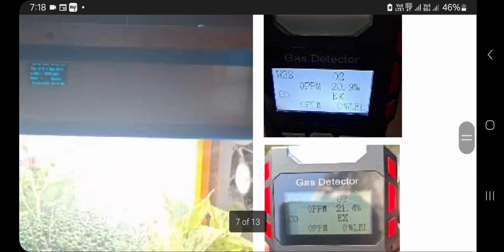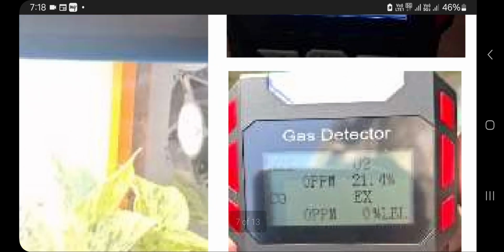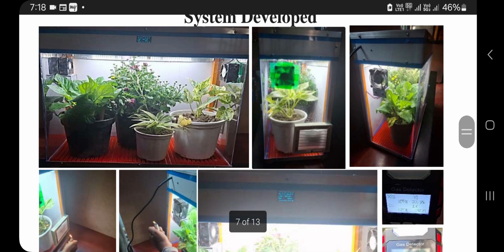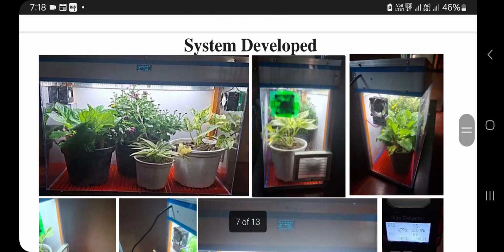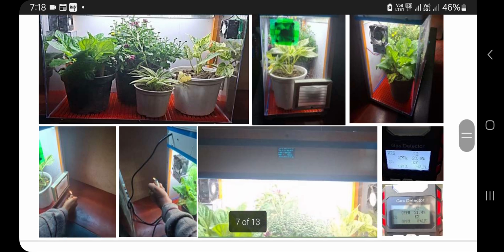For example, you can see when the system was off, the room O2 level was 20.9%. But when the system ran for 30 minutes, the O2 concentration was 21.4%. So we can see that it can at least act as a CO2 to O2 converter inside the room, and the air is going inside the system.